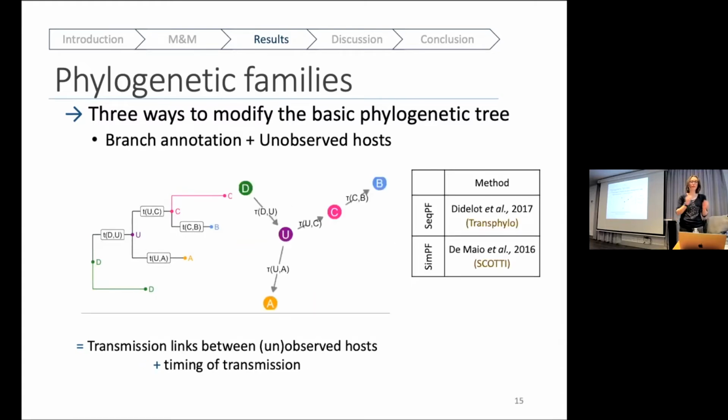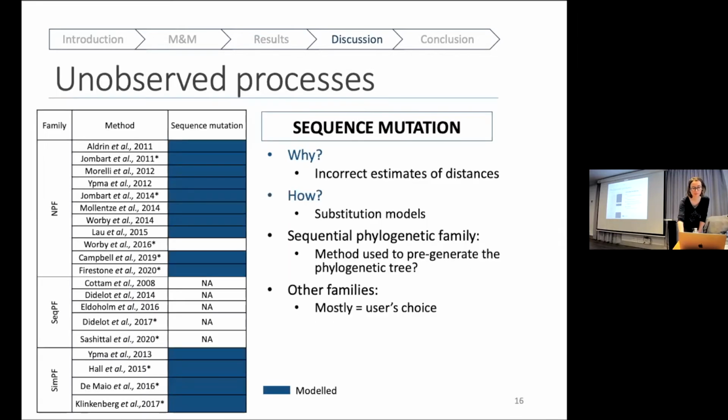And finally, some methods decided to account for unobserved hosts, and nodes could be annotated by an unknown individual, here U. And this was used in Duault's Philo and de Mayo-Scott. Okay, now let's discuss the unobserved processes. The first unobserved process is sequence mutation.